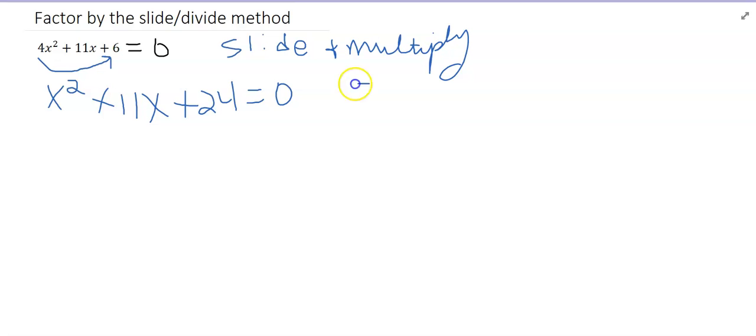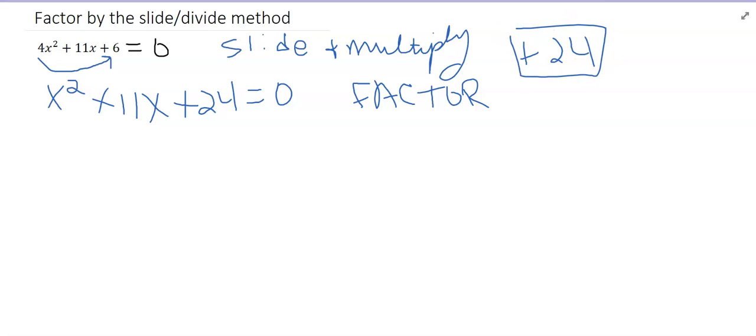Now I want to factor the new equation. In order to factor, and remember, we're using the value of c to figure out our possible factors. So I have 1 times 24, or their negative counterparts, so negative 1 times negative 24.